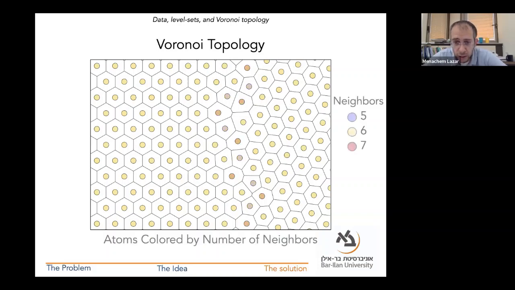So I'm going to color them. What I did is I colored the particles by the number of edges of their Voronoi cells. And voila. Now you have some way of identifying, or maybe defining, well, I'll keep it identifying for now, the boundary between these two crystals.